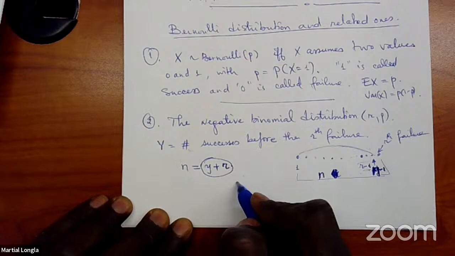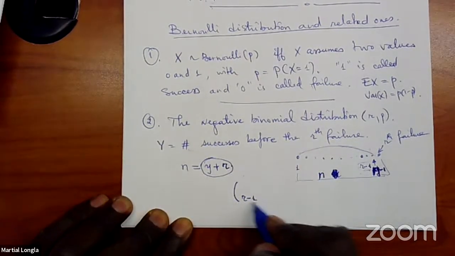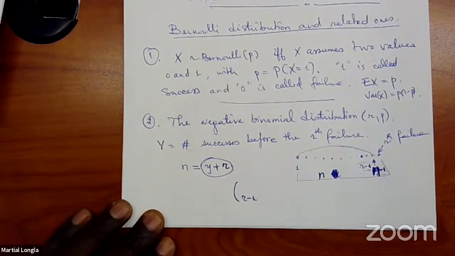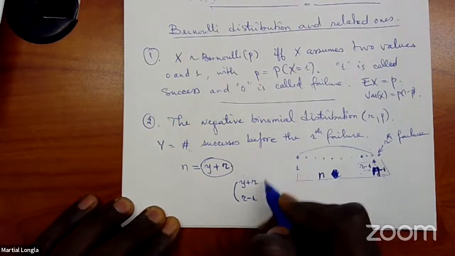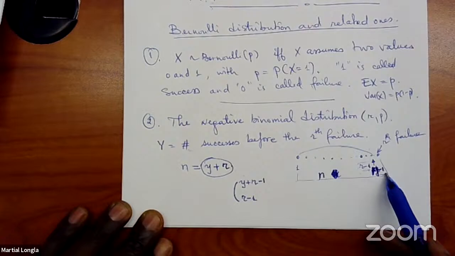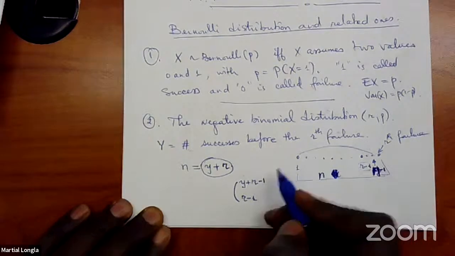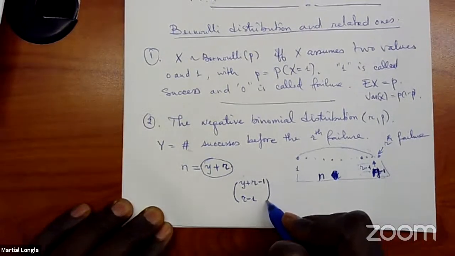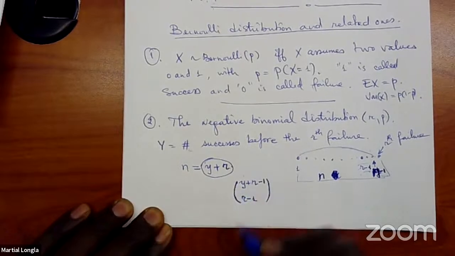That is why you are trying to figure out where you're going to put those R minus 1 failures in the Y plus R minus 1 positions, which are there. N minus 1, which is Y plus R minus 1. So you have Y plus R minus 1 positions where you need to put the R minus 1 failures.